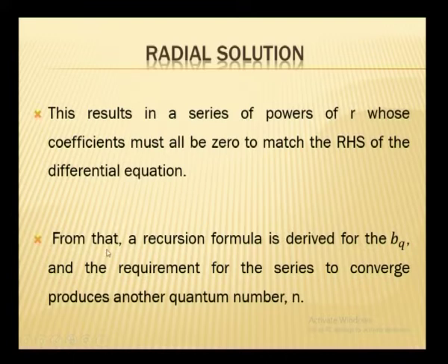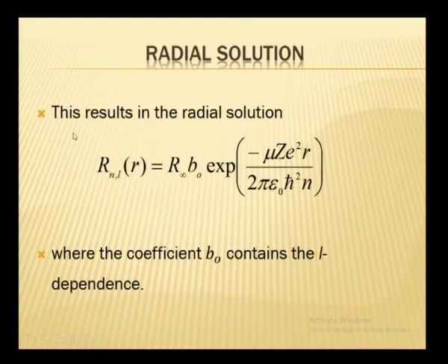From that, a recursion formula is derived for the coefficients, and the requirement for the series to converge produces another quantum number n. This results in the radial solution of the Schrodinger equation.